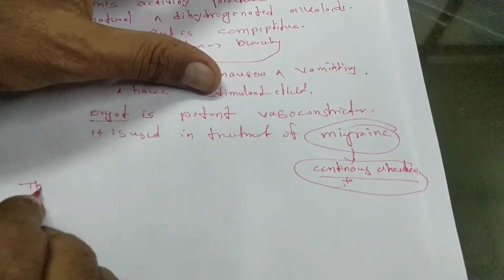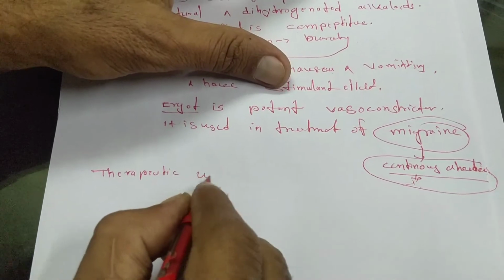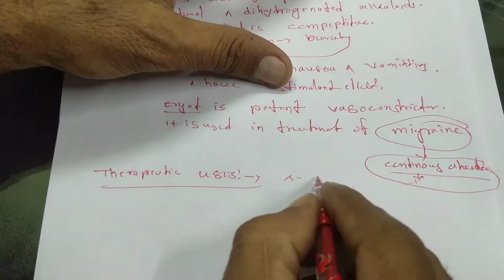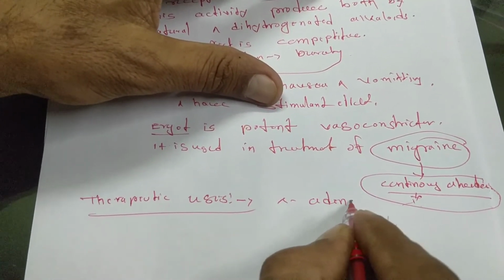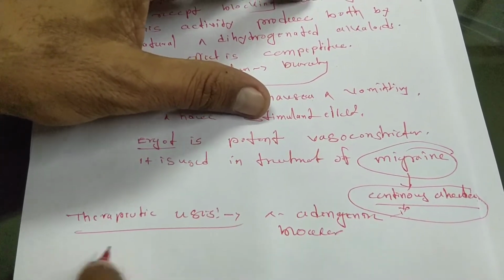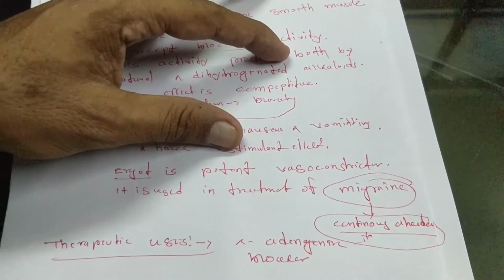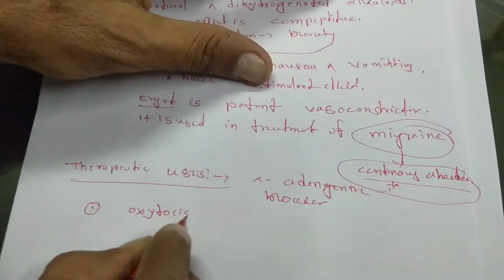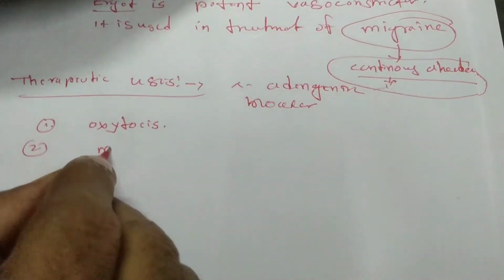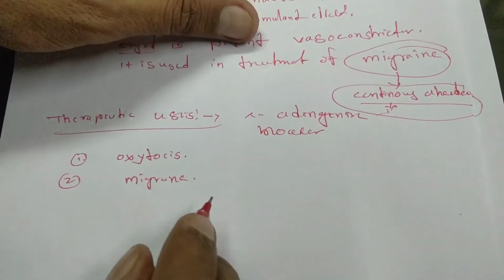Therapeutic uses of alpha adrenergic blockers. It is commonly used as oxytocic, as they stimulate the uterine smooth muscles. Second, it is used in the treatment of migraine, which is a continuous headache.